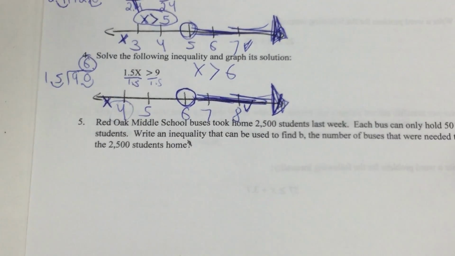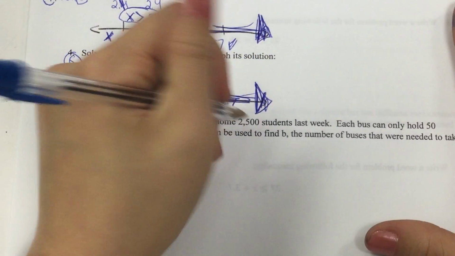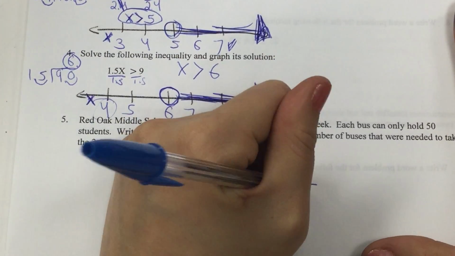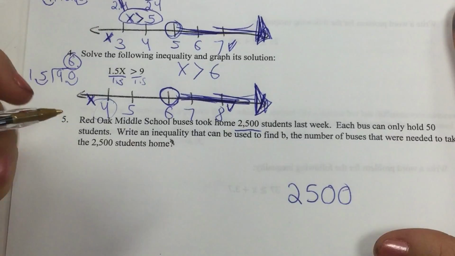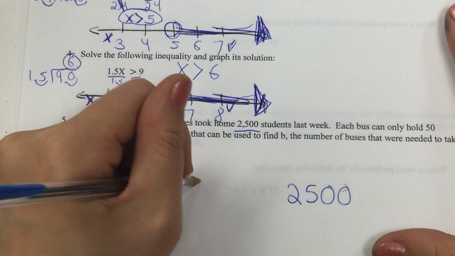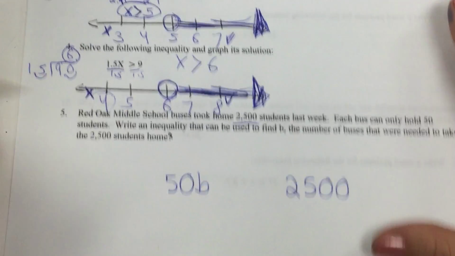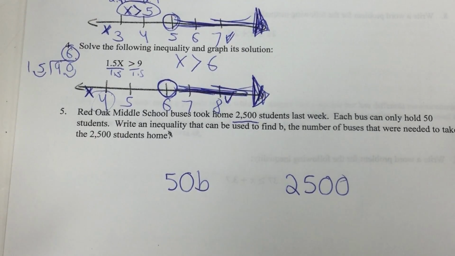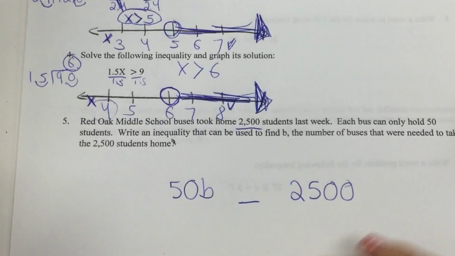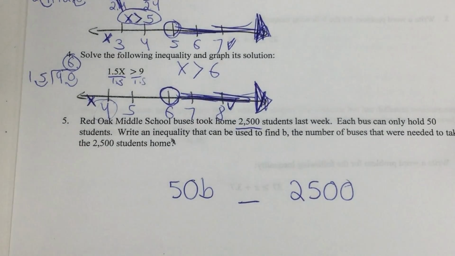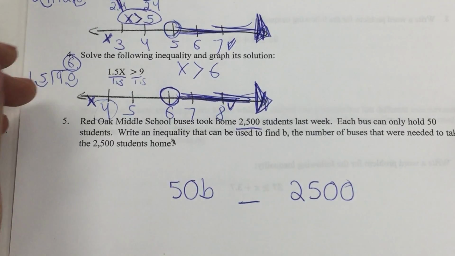Over here it says Red Oak School took buses home. I know that there's 2,500 students each week. I also know that one bus can only hold 50 students. And so we need to figure out how many buses we need to take them home. So I immediately know that there can be an or equal to part because there has to be an exact number at some point.